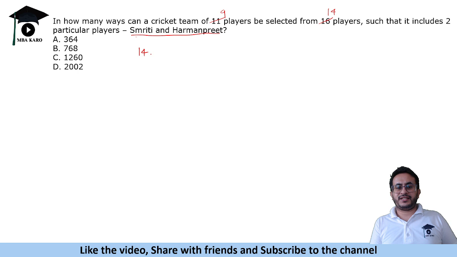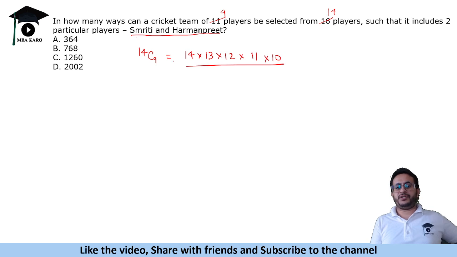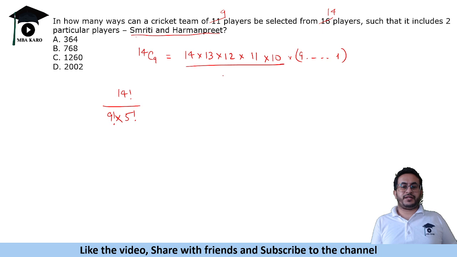So the number of selections is 14C9. That is 14 factorial by 9 factorial into 5 factorial. So 14, 13, 12, 11, 10 remain, because 9 factorial gets removed from the numerator and the denominator.